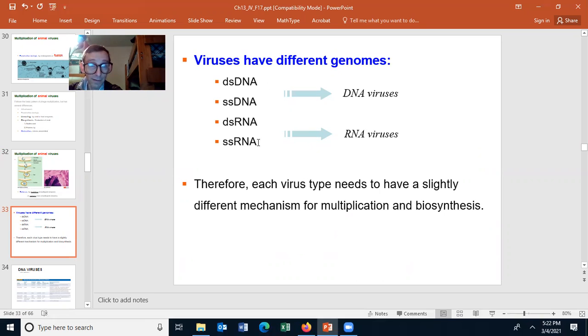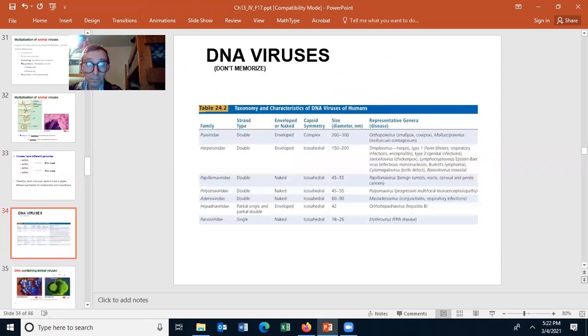And each of these different genomes needs to have a slightly different mechanism for multiplying and undergoing biosynthesis of the viral genes in order for the virus to replicate. Any question about that? And we'll get back to that subject. We're going to talk about the DNA viruses first.